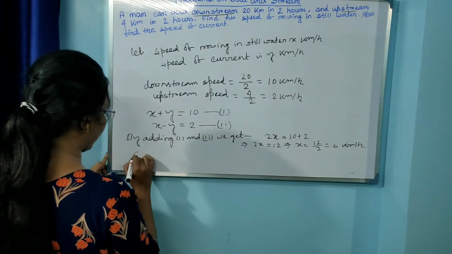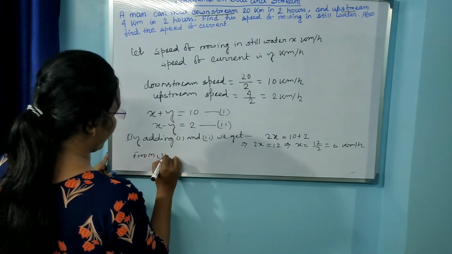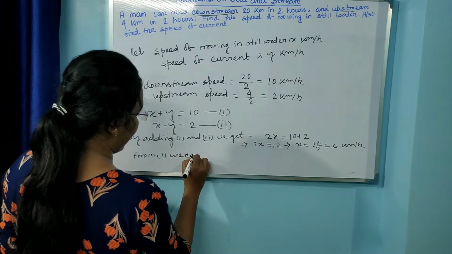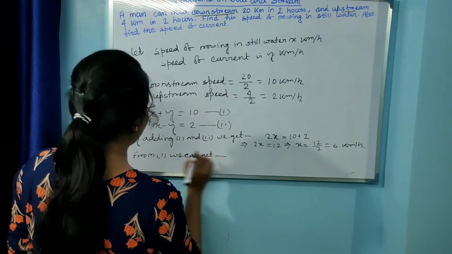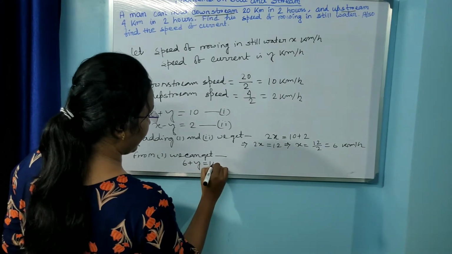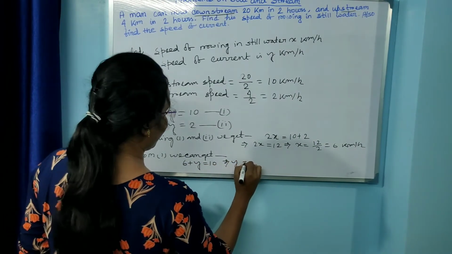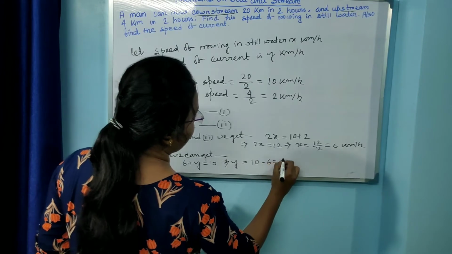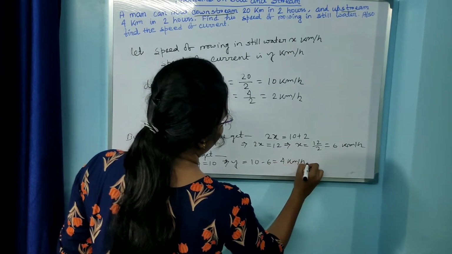And from here we can get, from 1 we can get what? 6 plus y equals 10, which gives us y equals 10 minus 6, that is 4 km per hour.